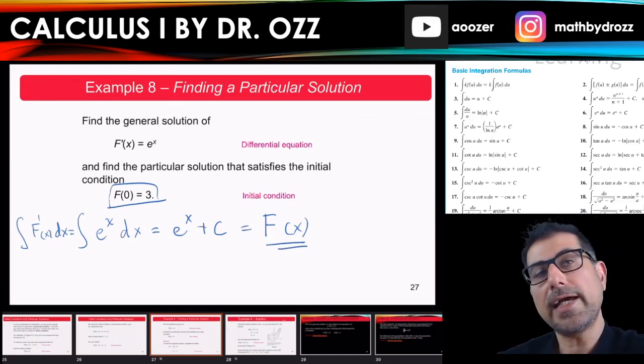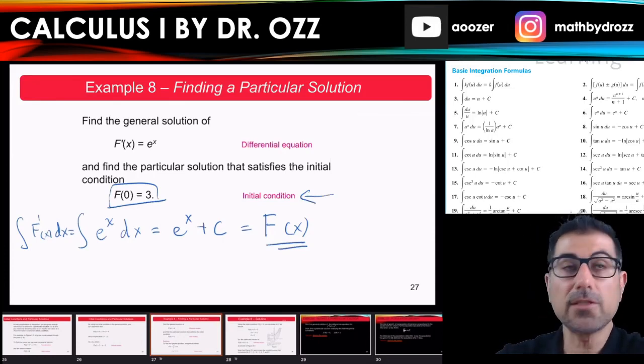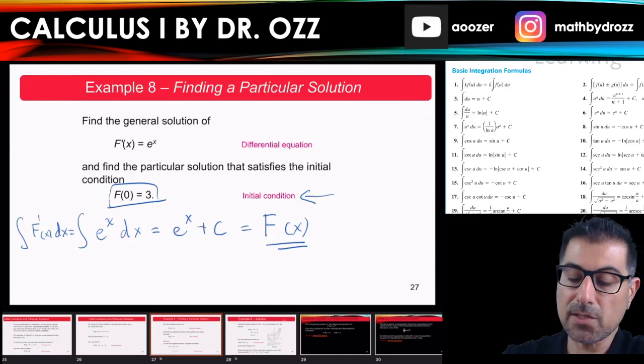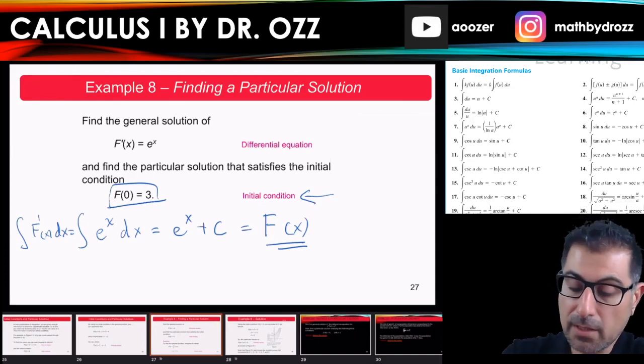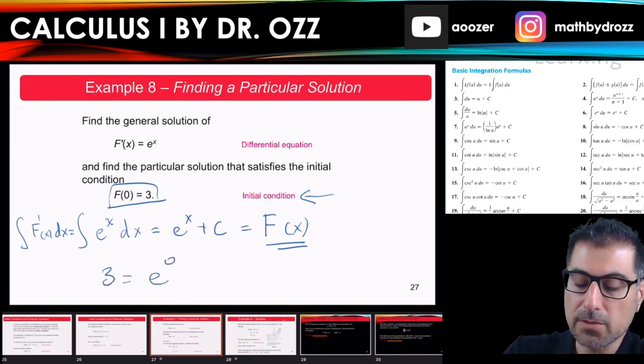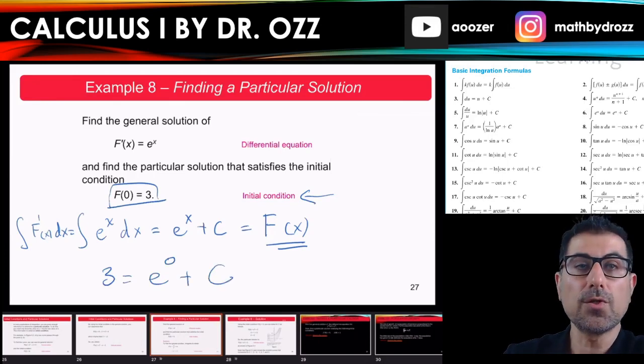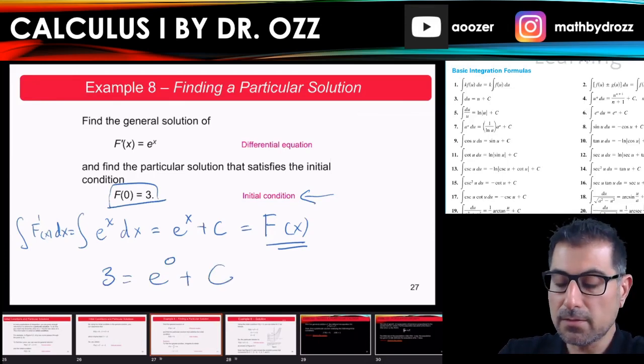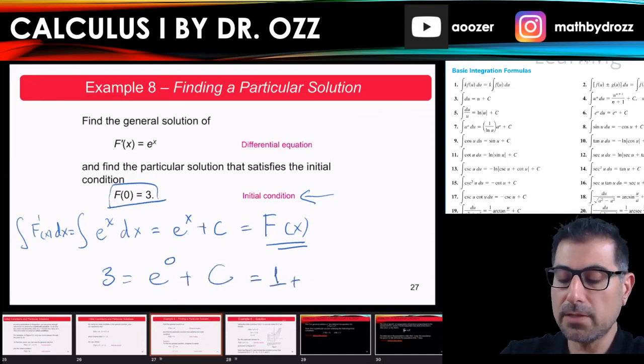So I want capital F satisfying this initial condition. In other words, whenever x equals 0, I want f to be 3. So 3 equals e to the 0 plus c. Solving this for c, this is 1 plus c, right?